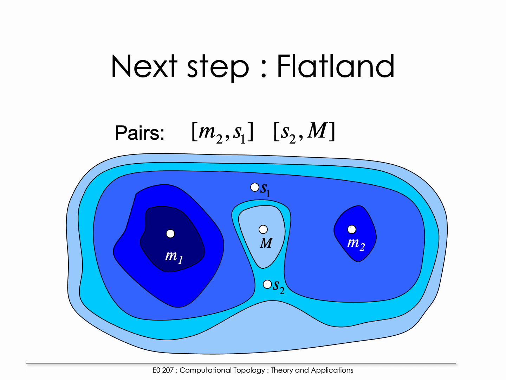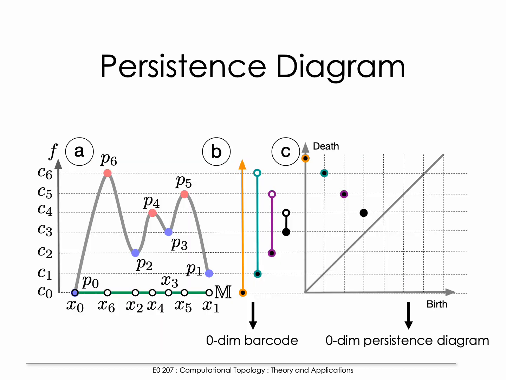Similarly, the pair s sub 2 M is able to capture the size of the mountain that is defined by s2. So the pairs are able to represent the size of these cycles, and that is the role that persistence plays. Let's look at one of the key representations of persistence. Again, I will use the zero-dimensional example.